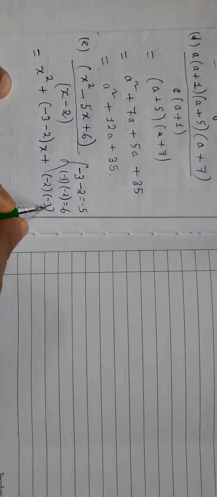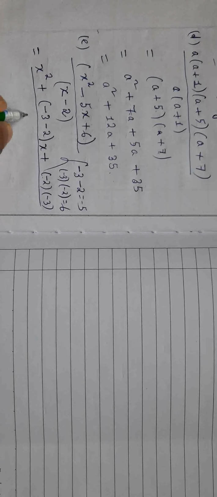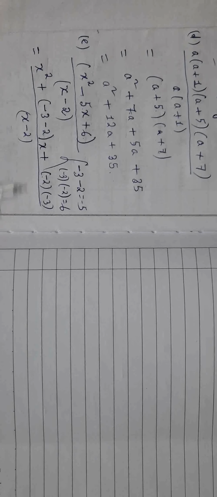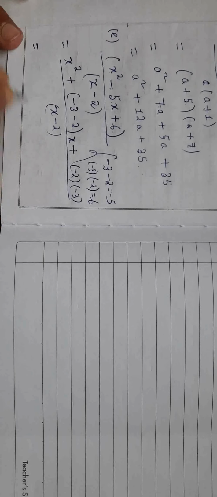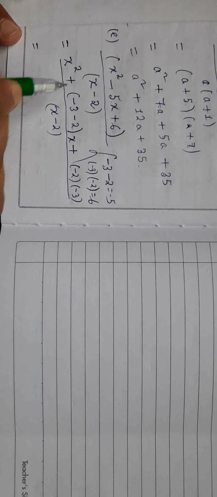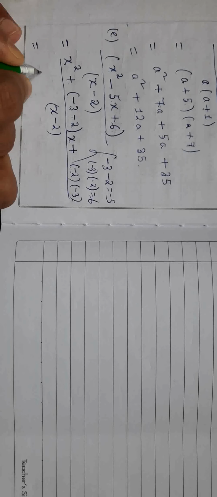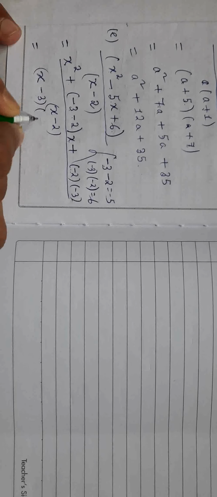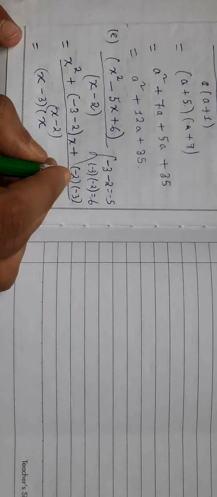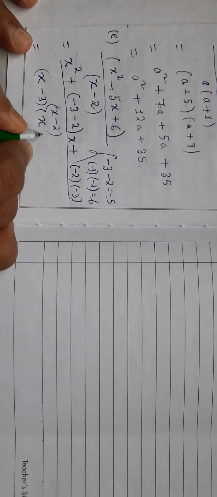Here bracket means multiplication. Whole thing divided by x minus 2. So which is of the form x square plus a plus b x plus ab, which is equal to x plus a into x plus b.